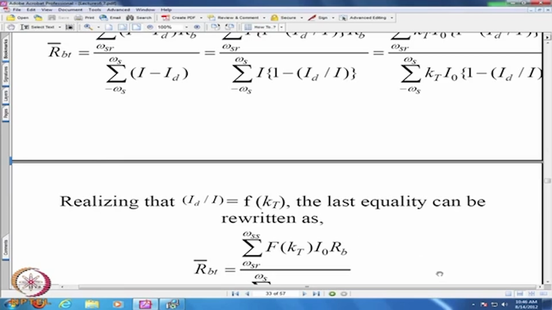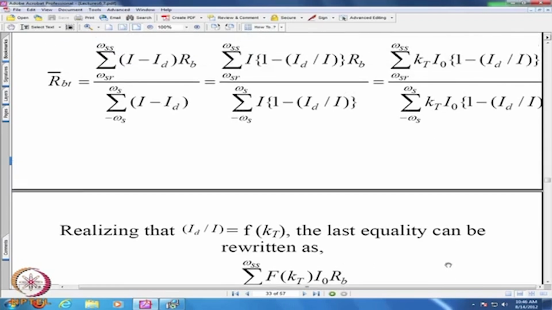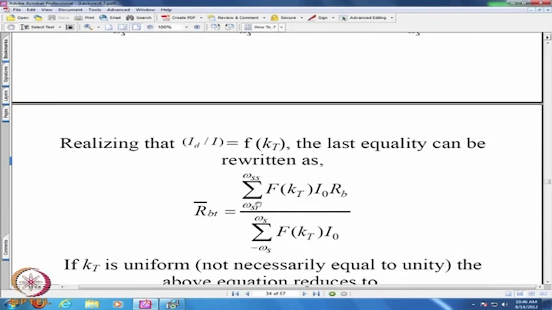So, consequently, KT is anyway the clearness index. So, I can write the above equation as RB bar T simply as some function of KT times I0 RB by some function of KT into I0. That means it is converted into the extraterrestrial calculation, augmented or attenuated or modified according to some distribution function which depends upon the clearness index.